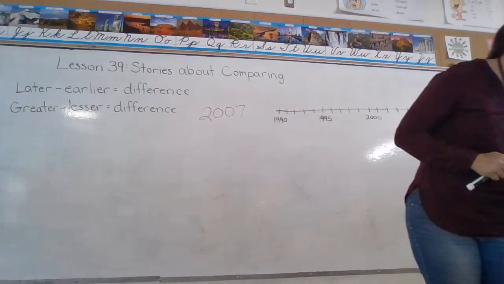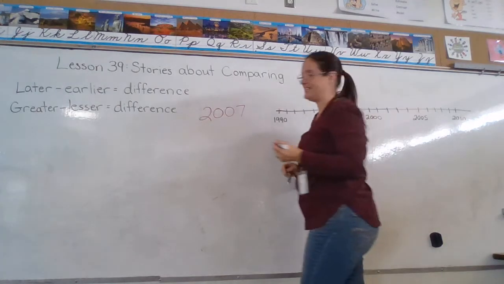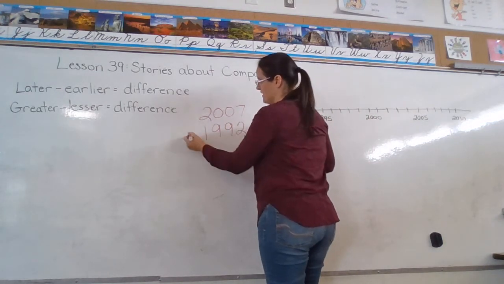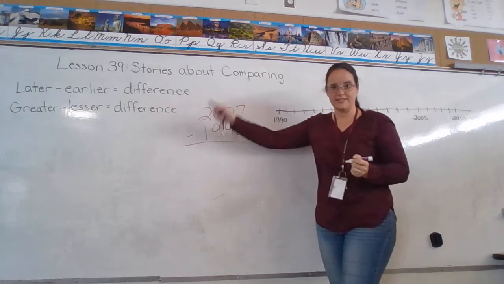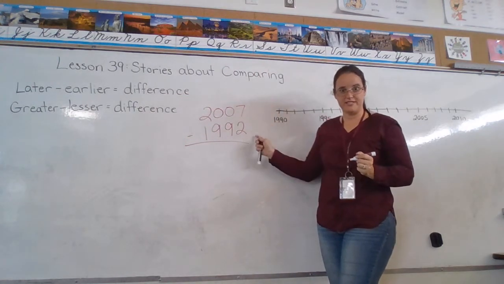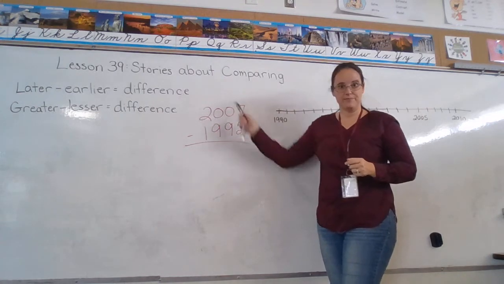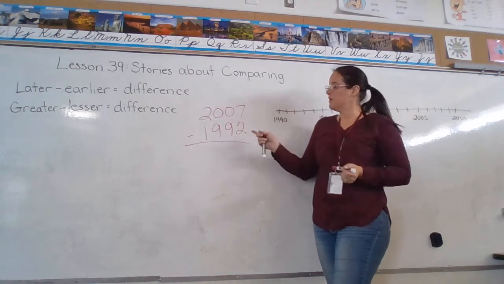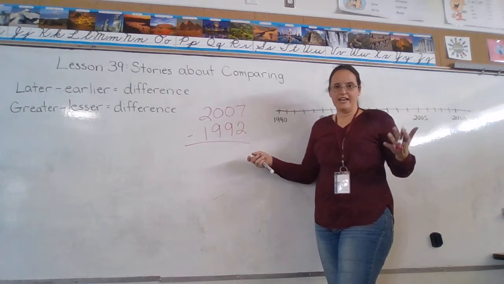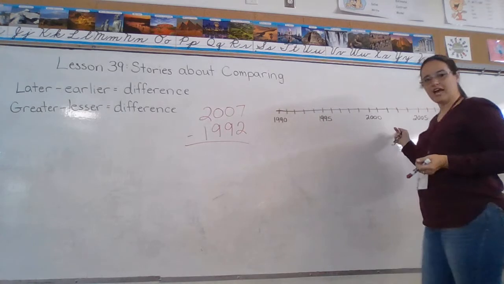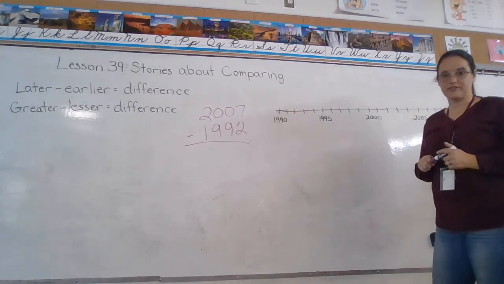If she was born in 1992. So they happen to give those to us in order, with the bigger one first and the smaller number or the earlier number second. We could just subtract. But when we're talking about the age of a child or just a small number of years, a timeline is another way we could answer that problem.